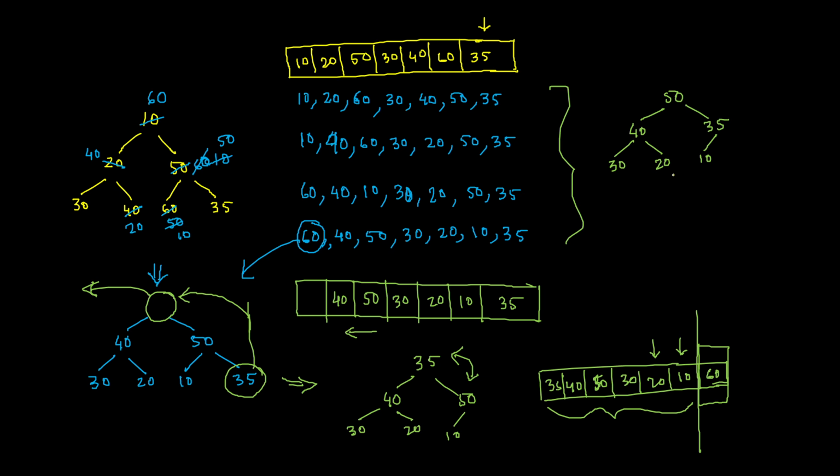So that means with respect to the array, the situation is something like 50, then 40, then 35, then 30, then 20, then 10. Now, in the same way, what will we do next?